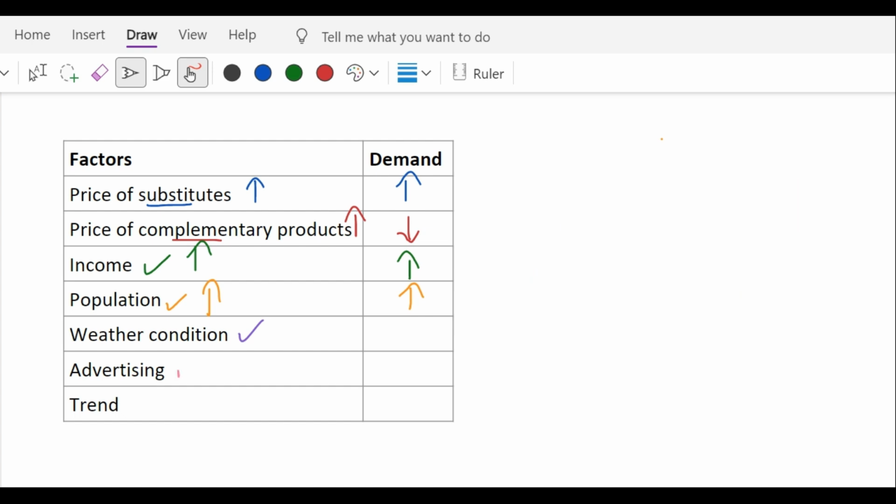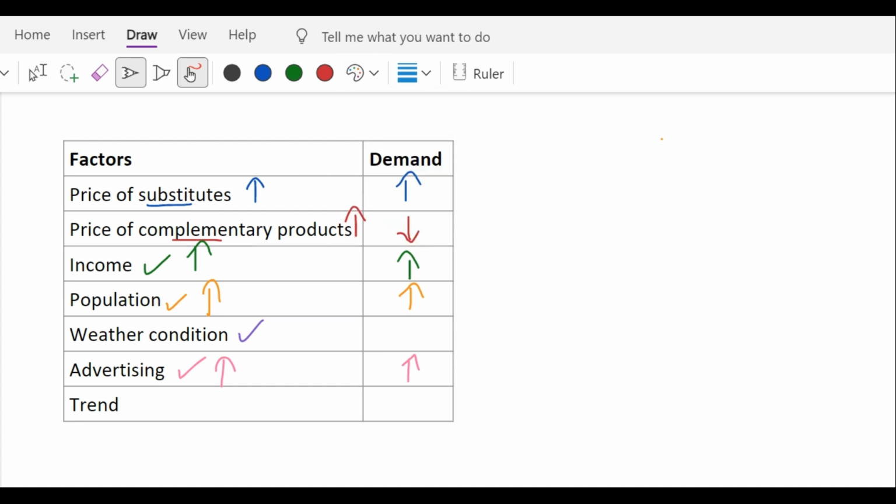Then we have advertising. If there are more advertisements published about a particular product, then obviously people get to know more about it and they will demand more. But if the amount of advertisements decreases, then the demand might fall.